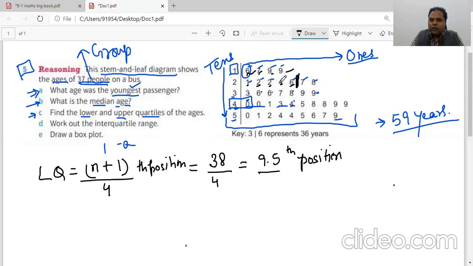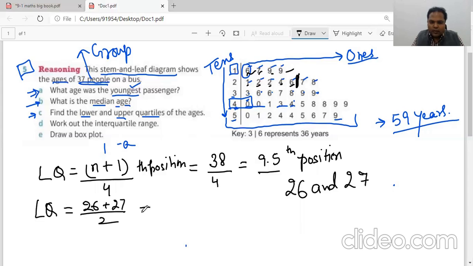So 9.5 will be somewhere between 26 and 27. That means LQ will be equal to 26 plus 27 over 2, and that's 26.5. All right, so we have found out the LQ.